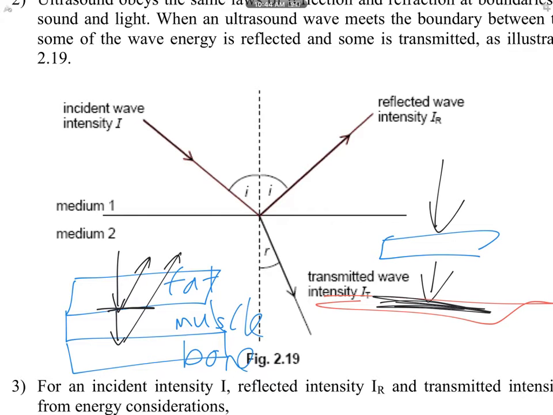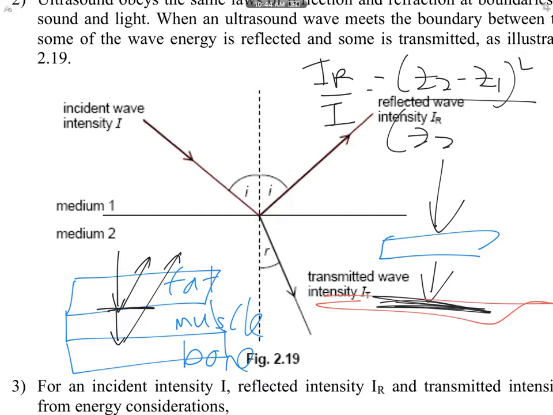The amount reflected is governed by the equation I_R over I equals (Z2 minus Z1) squared over (Z2 plus Z1) squared, where Z is called the specific acoustic impedance, which I gave you the definition of. Specific acoustic impedance is Z equals rho times c.